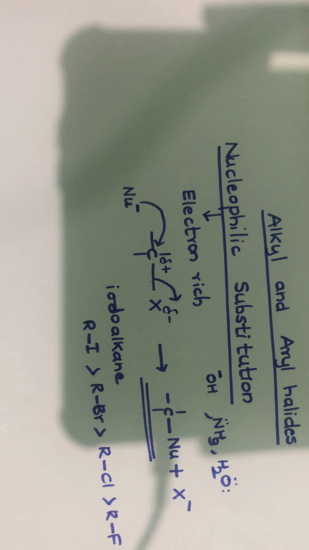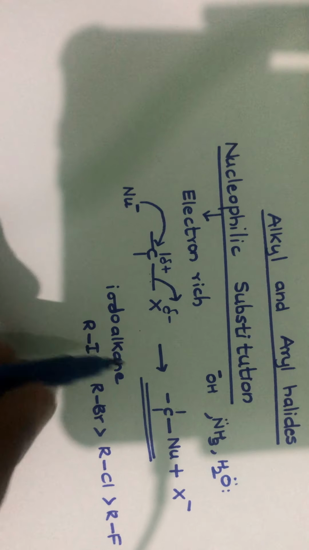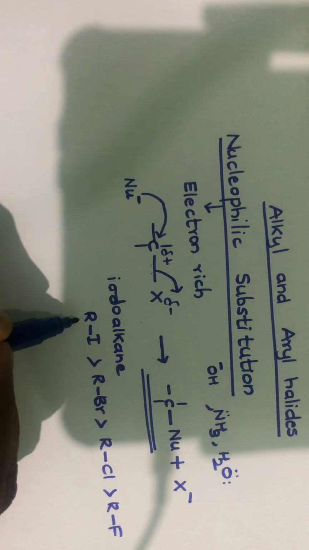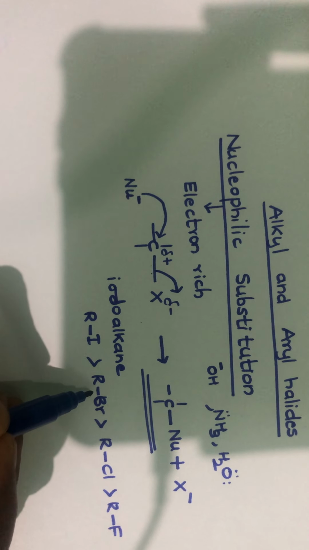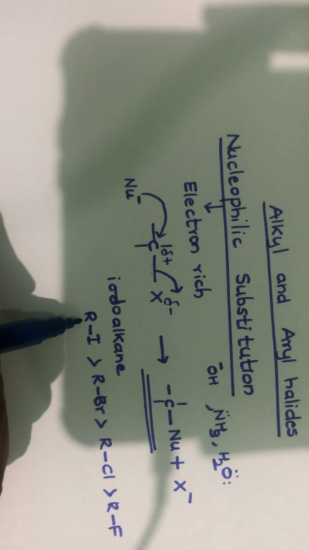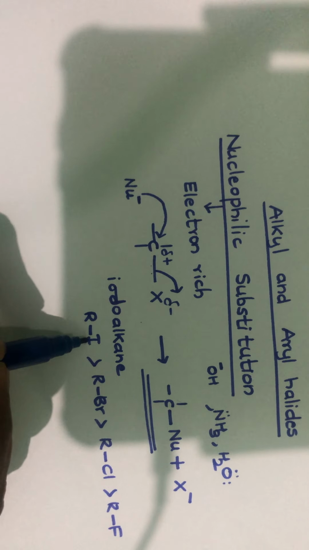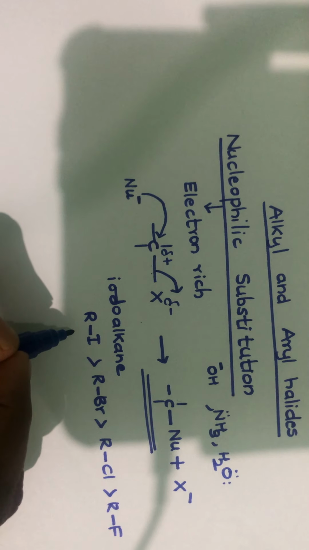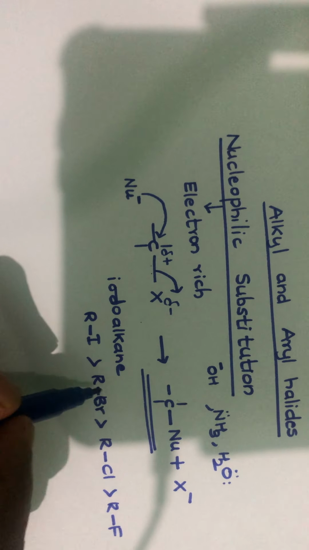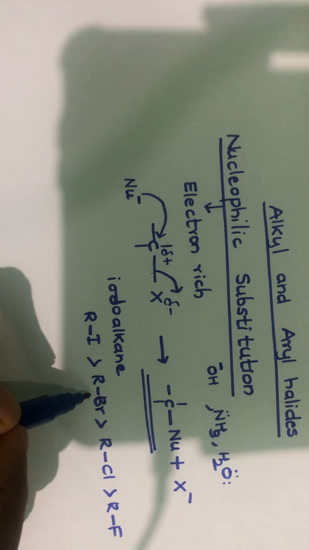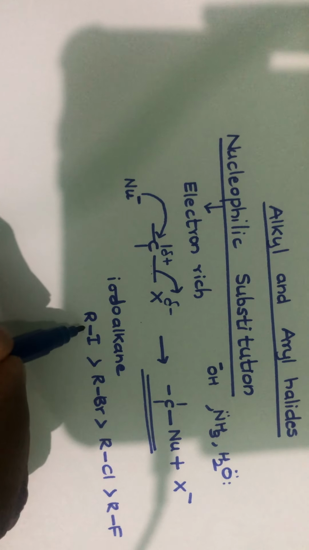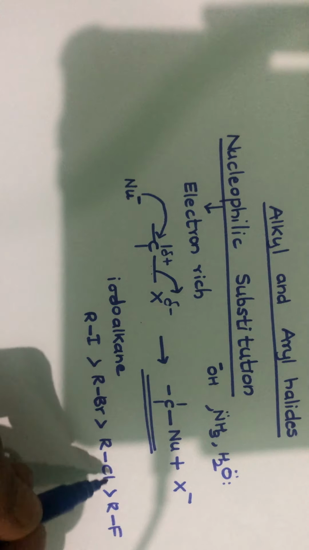The reason for this is the bond dissociation energies. Here the bond dissociation energy is very low, so it can be easily cleaved, whereas here the bond dissociation energy is a little higher. If R is a methyl group, then for methyl iodide the bond dissociation energy is 234 kilojoules per mole. Here it is 293, here it is 351, and here it is 452. So as we move, the bond dissociation energy is increasing.